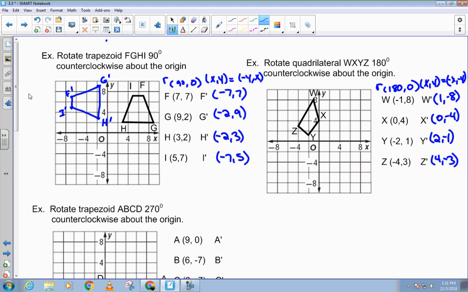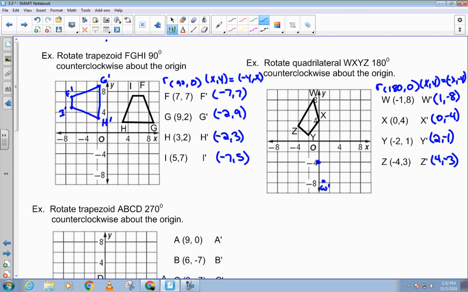Alright, so you go to the right one, and now 8. There's the prime. And up. I did that wrong, I was looking at the wrong one. 0, negative 4. I was looking at this one and that one.